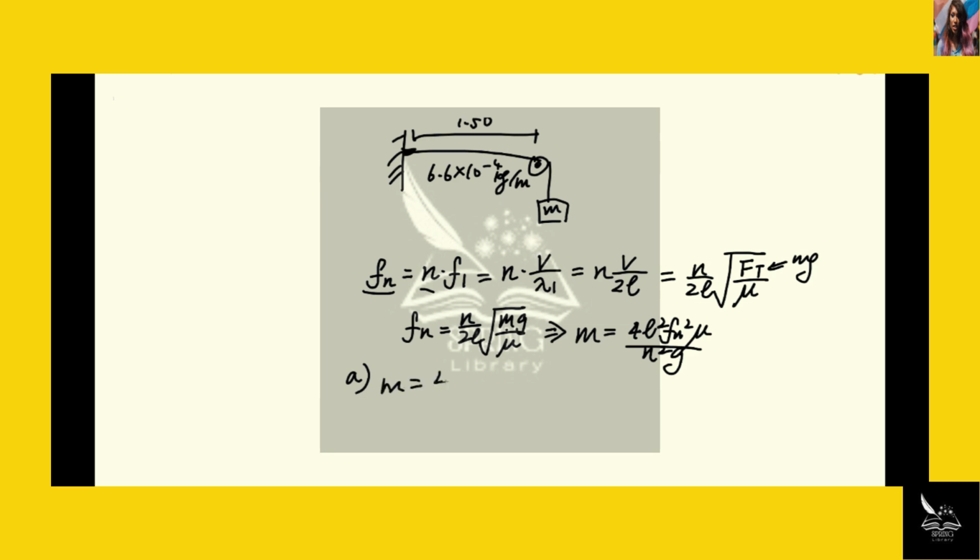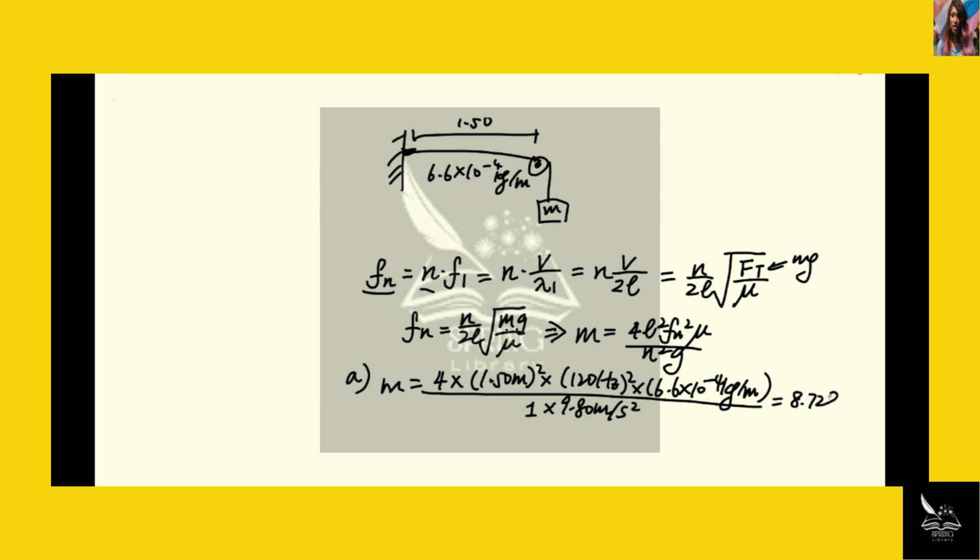So m equals 4 times L squared times 120 Hz squared times mu, which is 6.6 times 10 to the negative 4 kilogram per meter, over n squared, which is 1, times g, which is 9.80 meter per second squared. So this is 8.728 kilogram, which is roughly 8.7 kilogram.